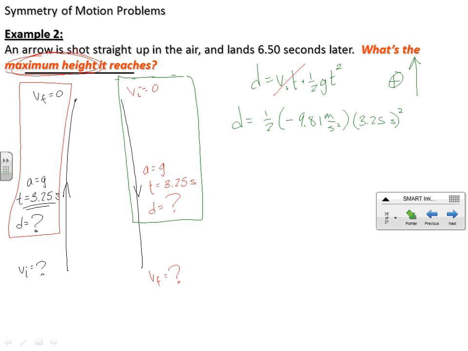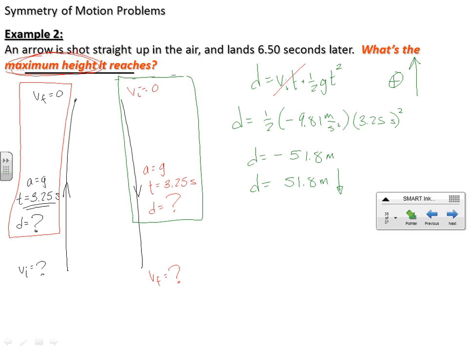So let's see, 3.25. You should all have a calculator out, by the way, if you don't already. So I get D is negative 51.8 meters. Why is D negative? Because this really means that D is 51.8 meters downward.